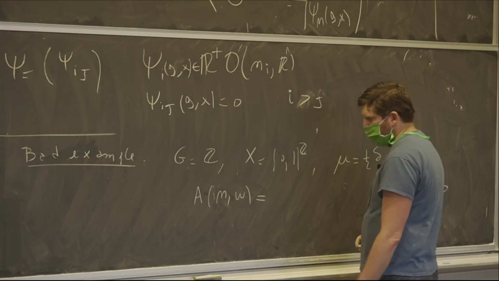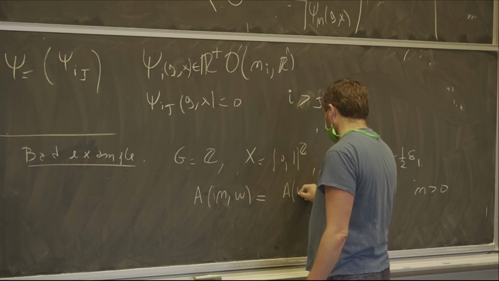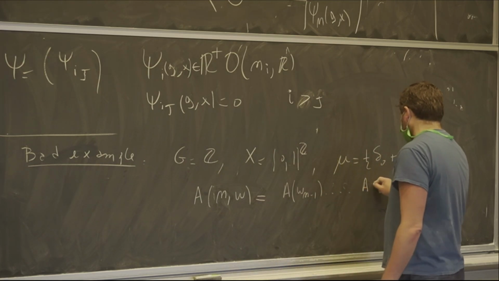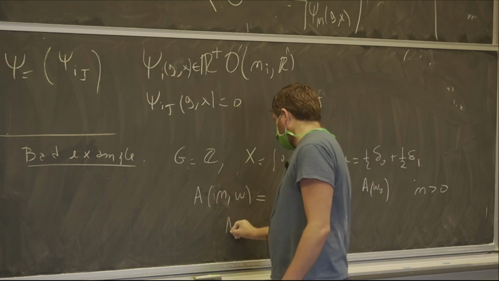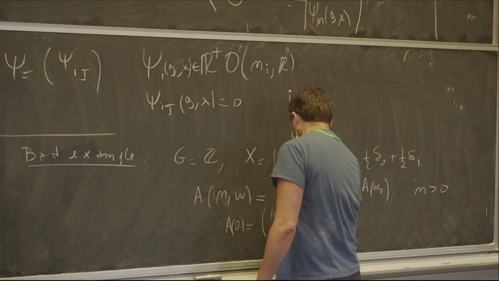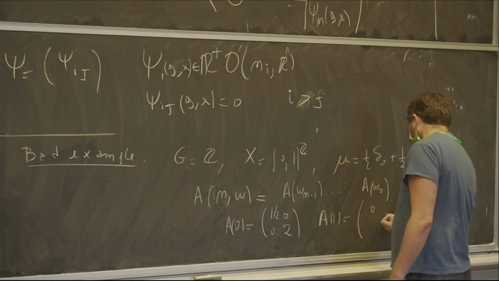In case n is negative, you just use the cocycle formula. So this is A of omega n minus 1 dot dot dot A of omega naught, where A of 0 is the 1/2 2 matrix, A of 1 is this matrix.